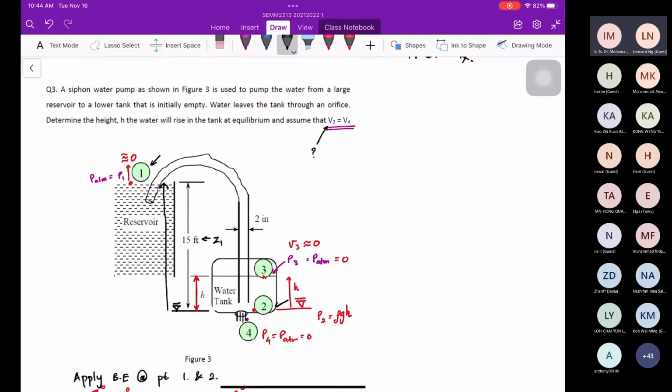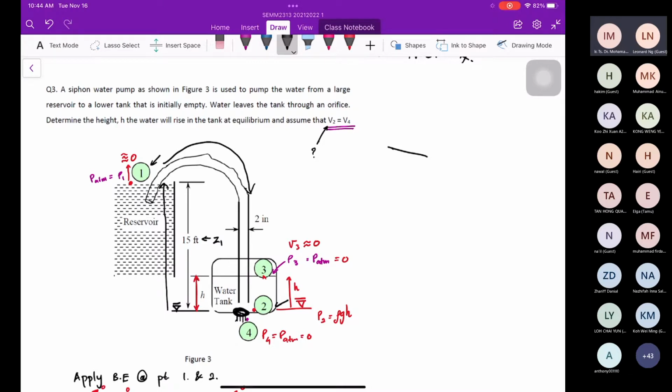That means it pumps. The water goes inside through the orifice to the lower tank that is initially empty. Water leaves the tank through an orifice. So through the orifice, it is exposed to the atmospheric pressure.